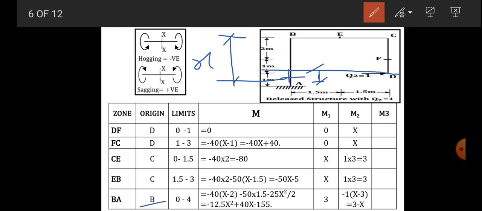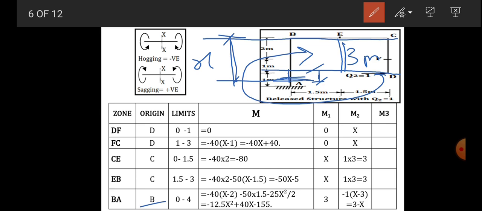CD is on the line of AB, so this is nothing but the length of the column, which is 3 meter. So this perpendicular distance will be x minus 3, and this rotates about the horizontal imaginary axis in a clockwise sense, so the sign will be minus.